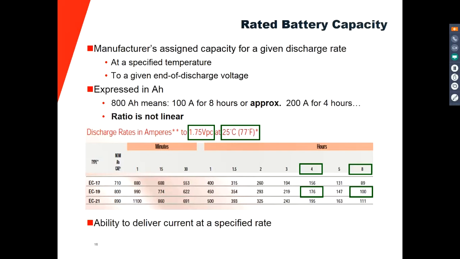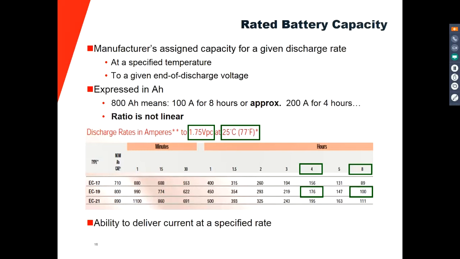This is a value that is assigned by the manufacturer through the manufacturing process, and it is given for a specific temperature and a specific end of discharge voltage.